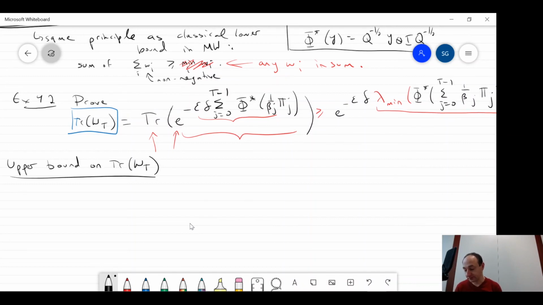Okay, so what do we want to do? Here's the goal. I want to upper bound the trace of WT. What was that? Let me just remind you: e to the minus epsilon delta. This is just the definition again.